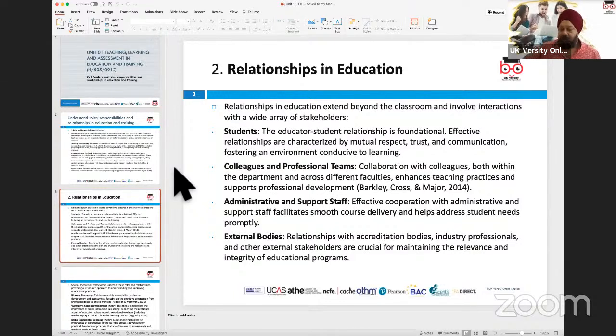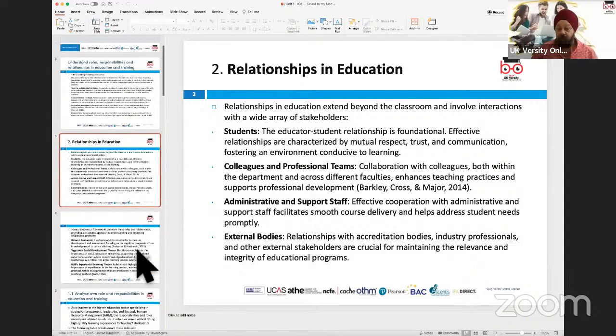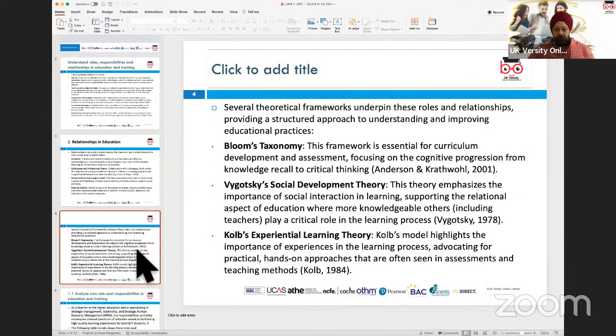They maintain relationships with these external key stakeholders to ensure that they are in good stead and meeting the standards when inspections happen, and keep on top of the quality standards required to keep the institution and the setups running.